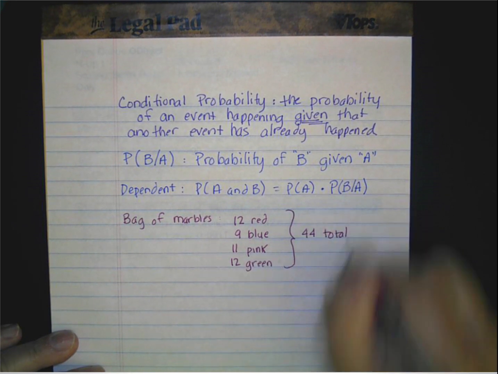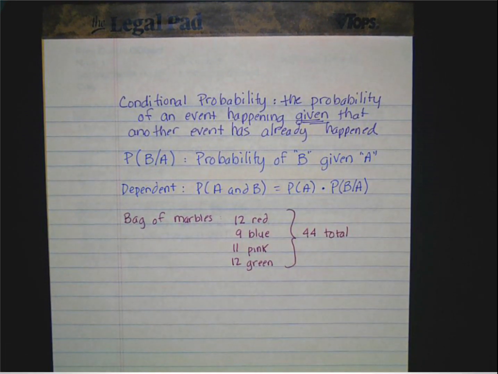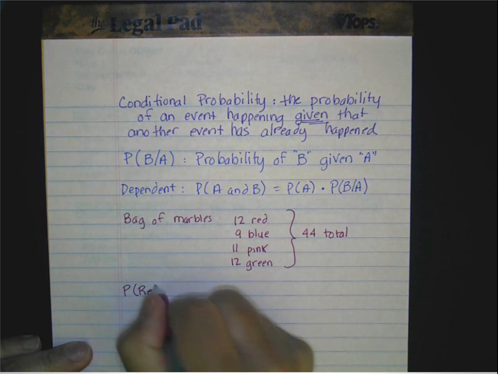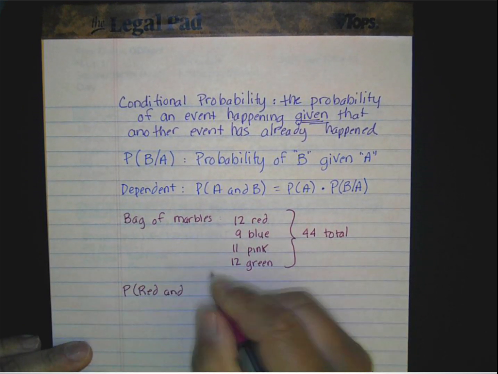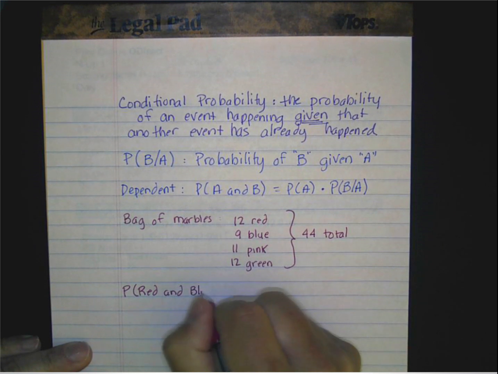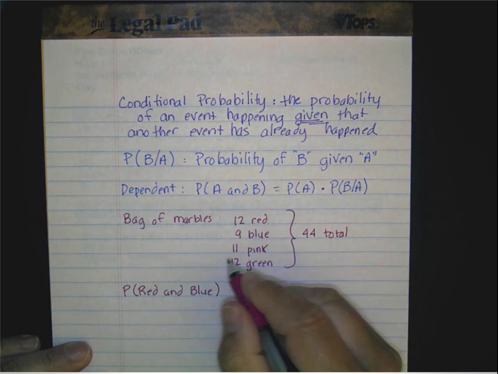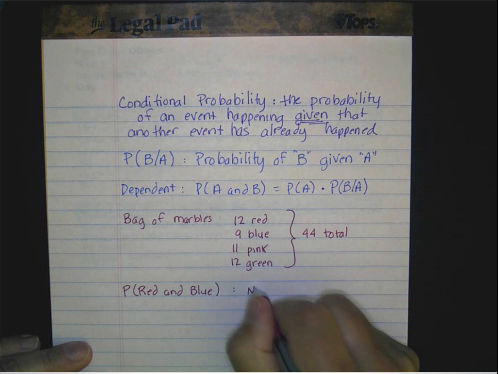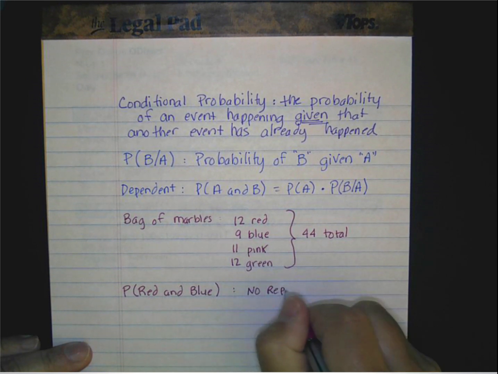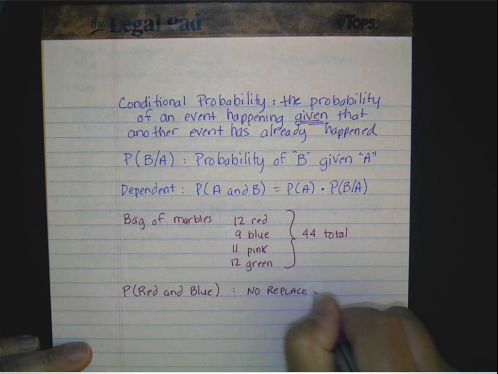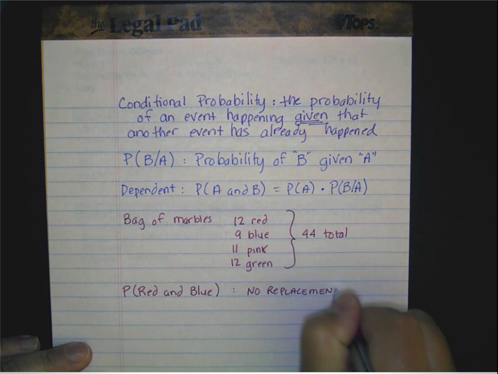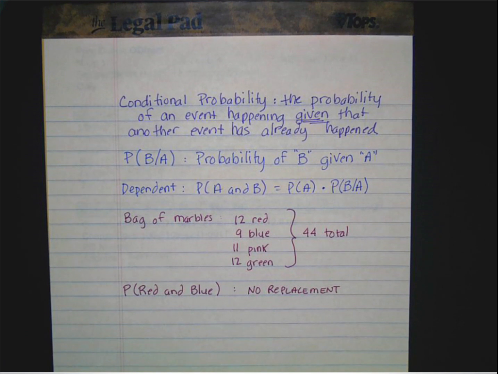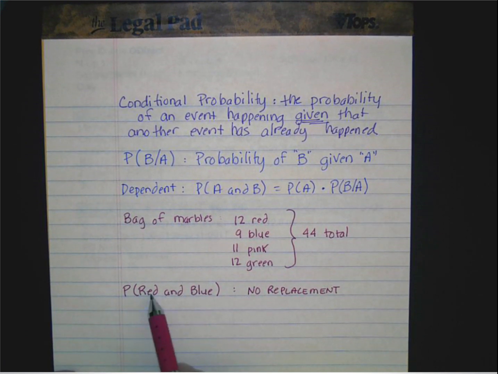I want to know the probability that I can pull a red marble and then a blue marble. Once again, it's important to tell you that there will be no replacement, so I'm not putting the marble back in the bag once I draw it out. So these are dependent events, and I'm trying to find the probability of red and blue.